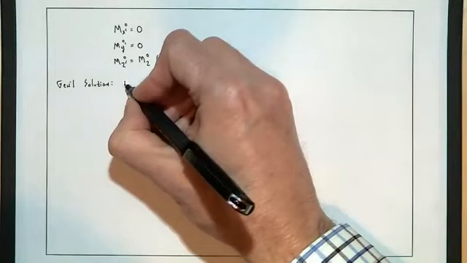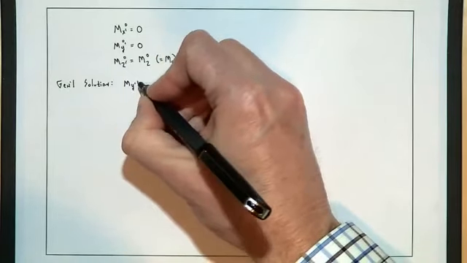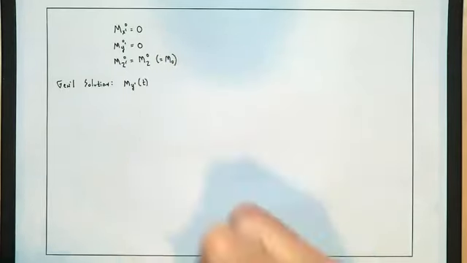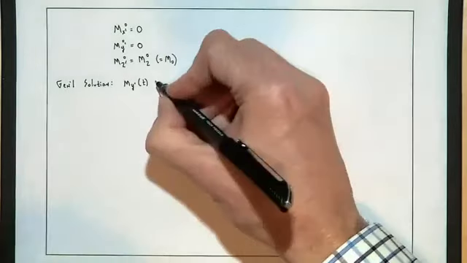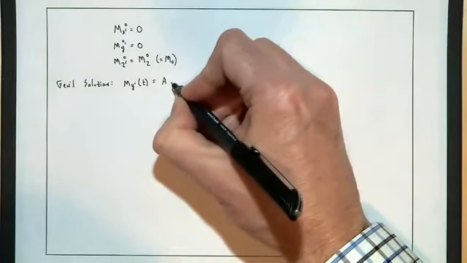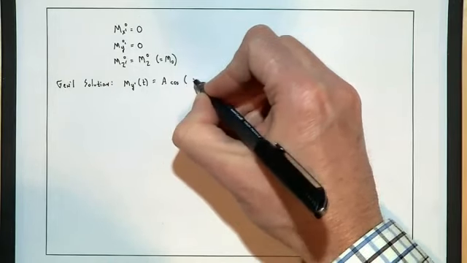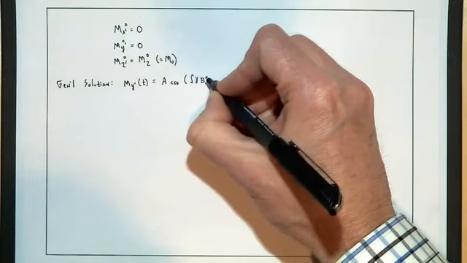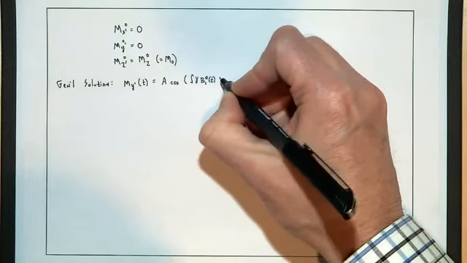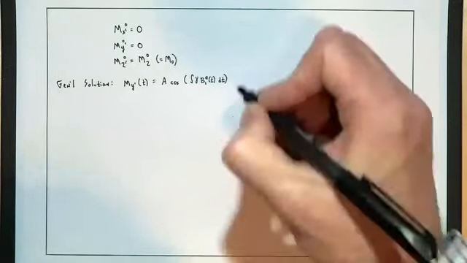So here we're going to guess at a solution to this differential equation that says my prime as a function of time looks like A times a cosine of the integral of gamma B1e(t) dt.